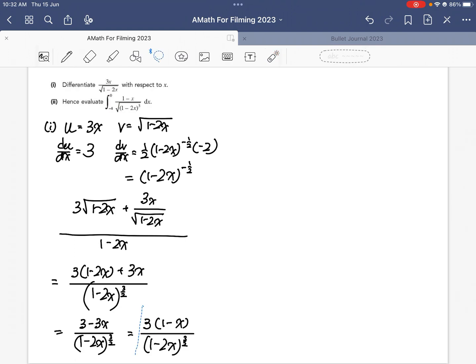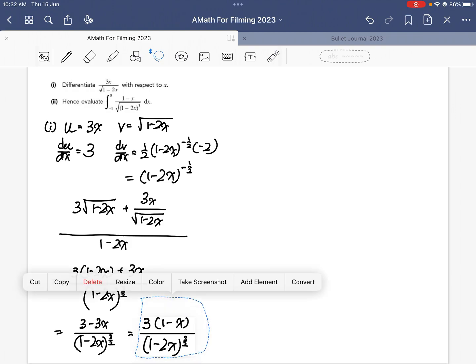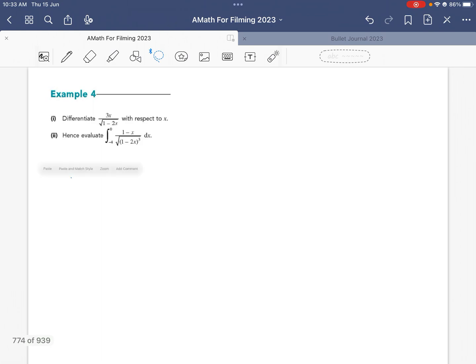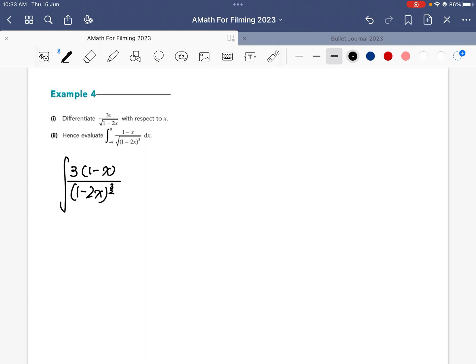Let me just copy the result that we have, and I'll show you how we can use it. So I paste. Just now, when I differentiated this, I got this result, correct? So it goes to show that if I integrate this result, what I'll get is the original result there.